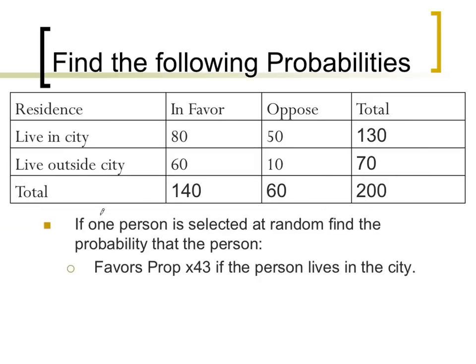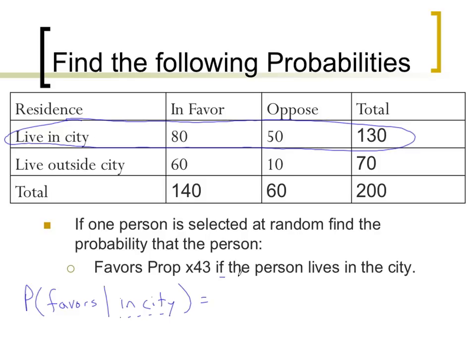In our next example, if one person is selected at random, find the probability that the person favors proposition X43 if the person lives in the city. So now we're looking for the probability of favors given that they live in the city. What this does is narrow down our focus, and we can look at only the people that live in the city, because we know that for this example, the person has to live in the city.